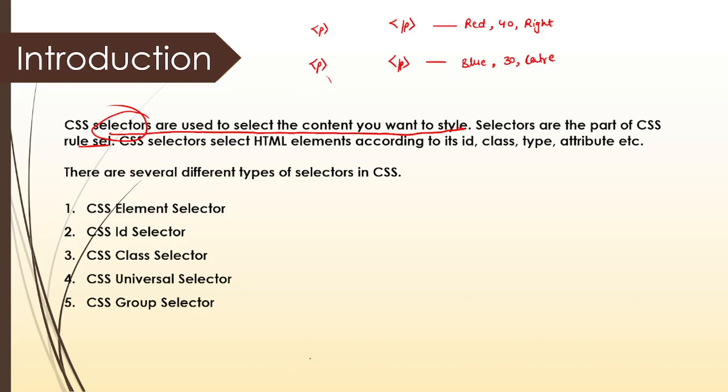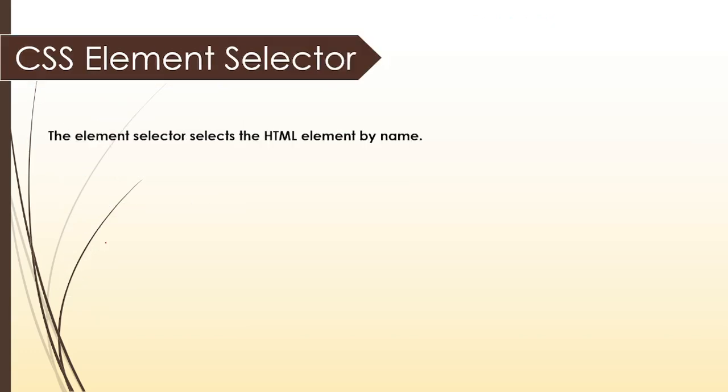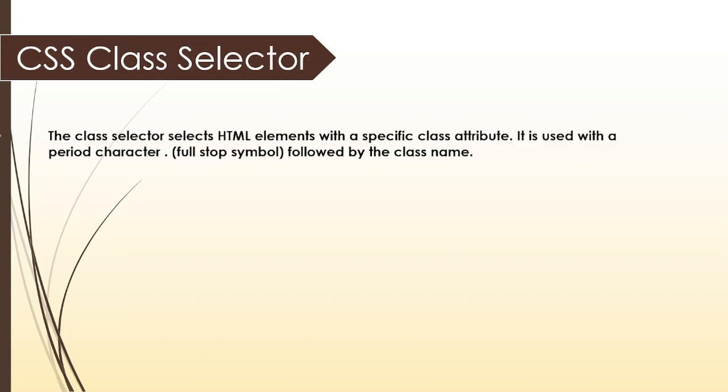Here we have three types of selector. First is element, second is id, and another is class selector. Element selector and id selector we have already discussed in previous lectures. Now let's move to the class selector. The class selector selects the HTML elements with a specific class attribute.